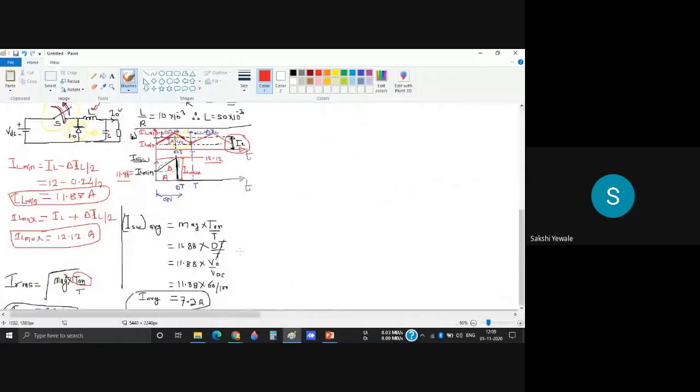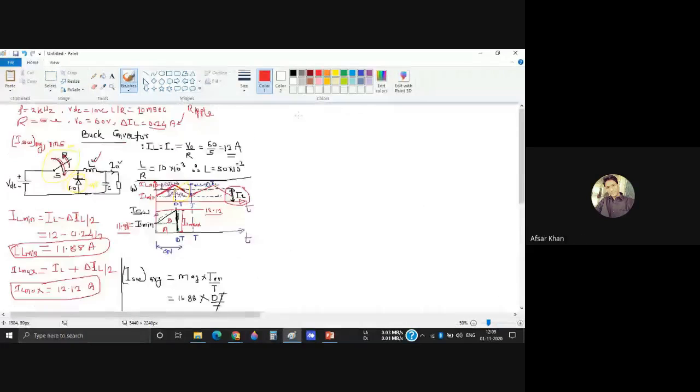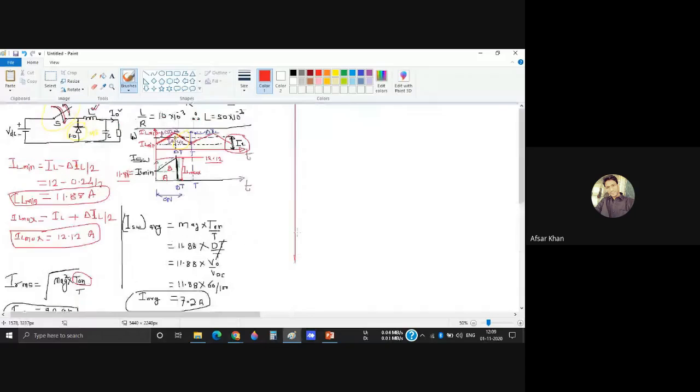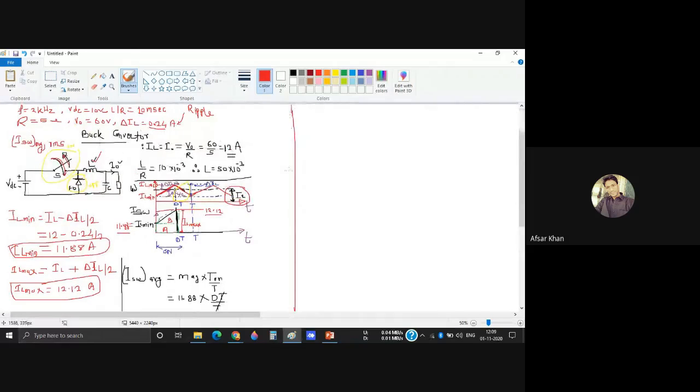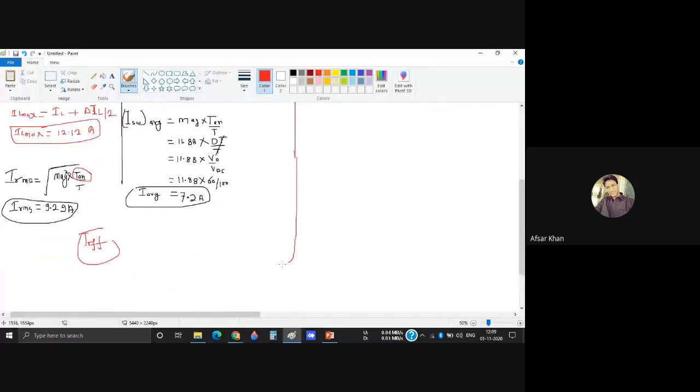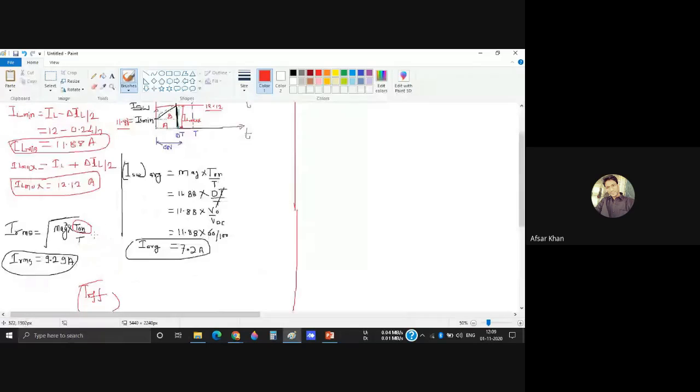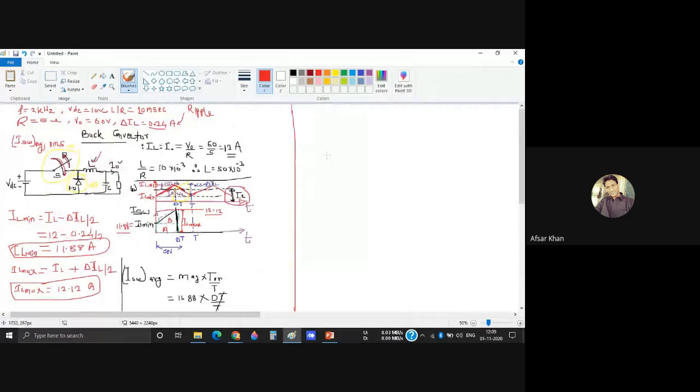In GATE, 8 to 12 marks are asked in power electronics.